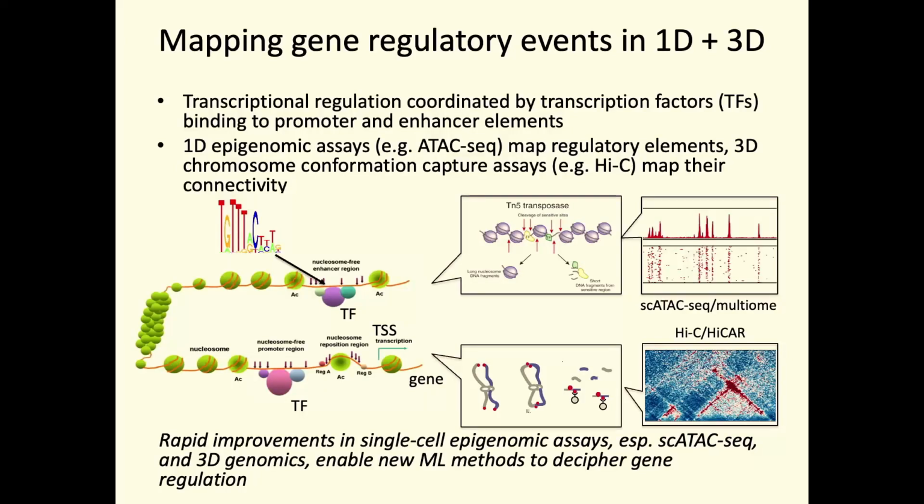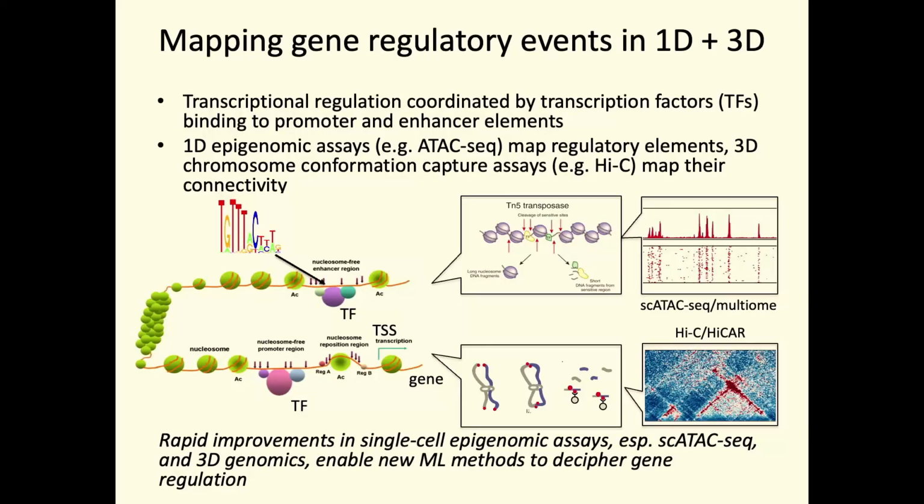Okay, and then the other part is that this field that I'm in is driven by technology, and we have better and better assays to measure regulatory information. Okay, so one assay that's been really transformative are better ways of measuring regions of open chromatin.